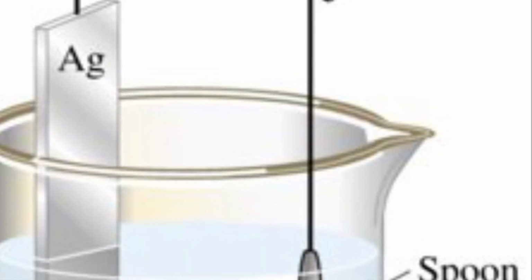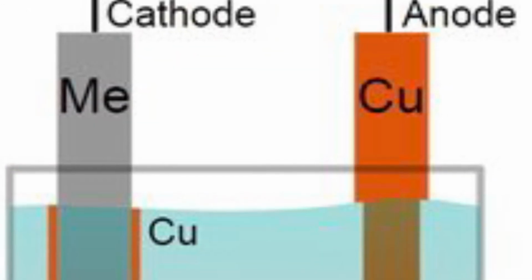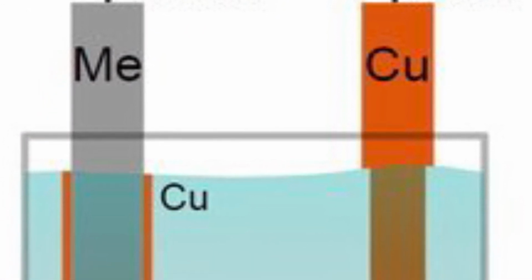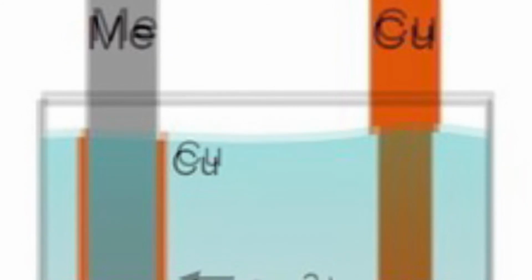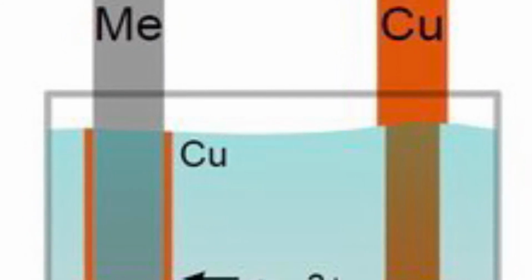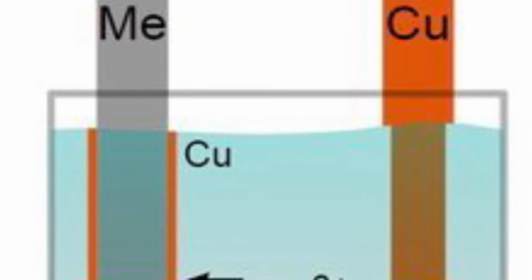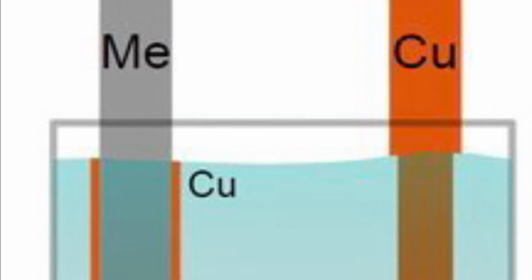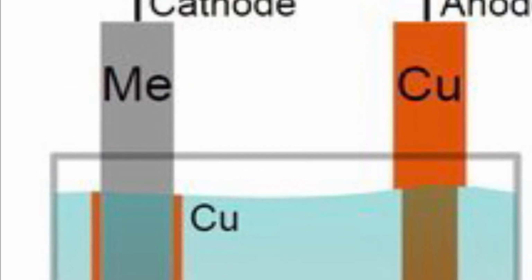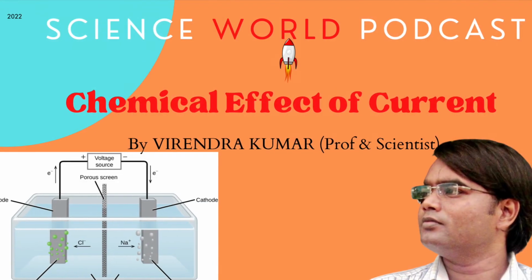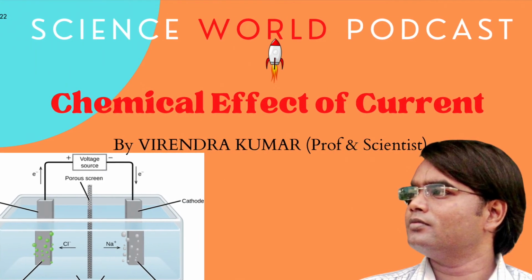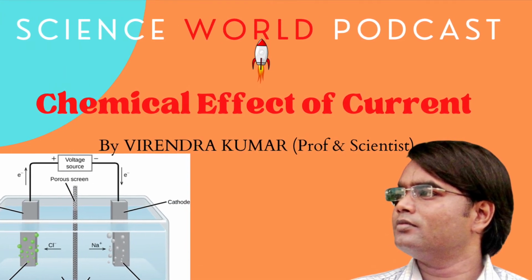Guys, do you know that with the help of Faraday's second law of electrolysis, we can get the atomic weight? Yes, by the application of the chemical effects of current, we can get the atomic weight of an atom. Now, the sixth application of chemical effects of current is the manufacturing of non-metals.